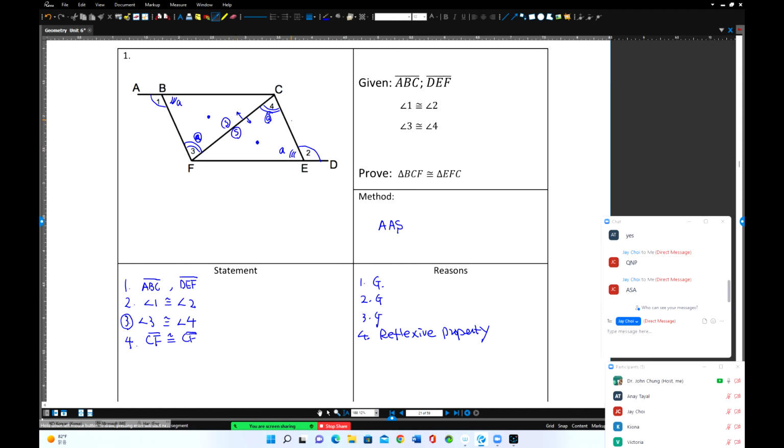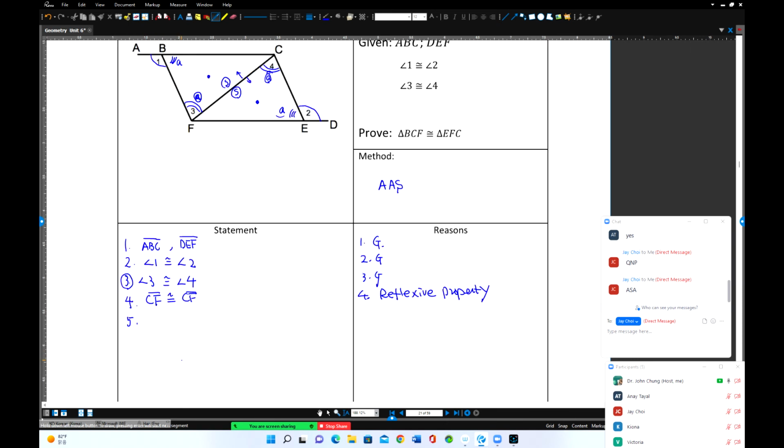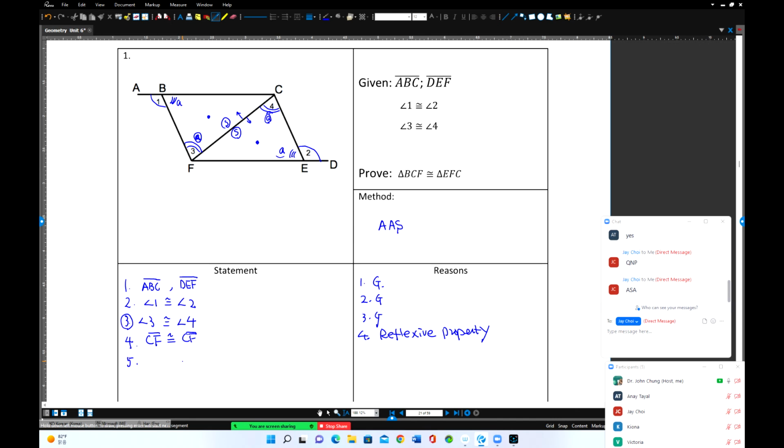Now we need one more angle over this angle, right? Now we're going to make it. Angle 1 and angle, I'm going to use CBF. So I can say angle CBF is supplementary to angle 1.